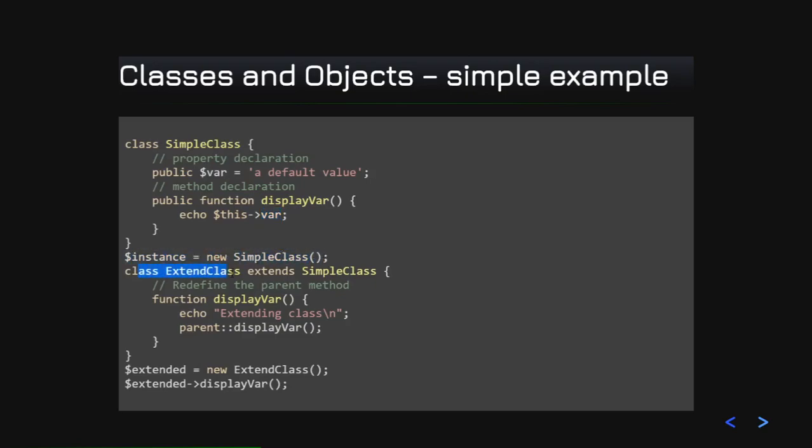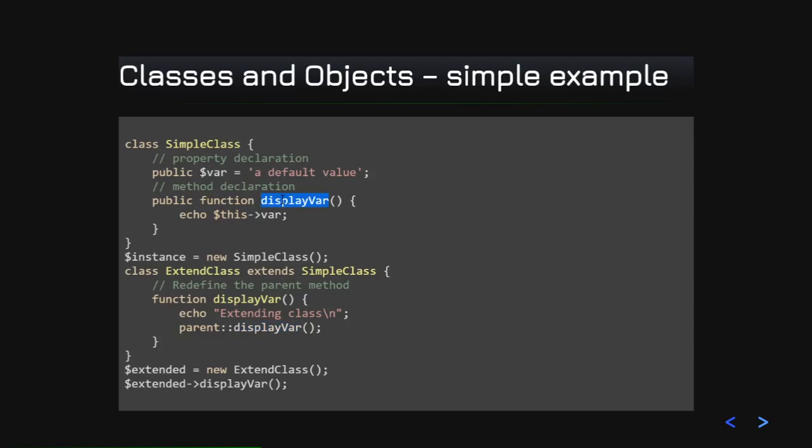Here, in class inheritance, I'm extending this simple class with the extended class, and I redefine a method display var, where I just print something and I call this super method, which is the method of the parent. And here I'm instantiating an object of the extended class and calling the display var method, which is this one, which just prints a text and then calls the display var method from the parent.